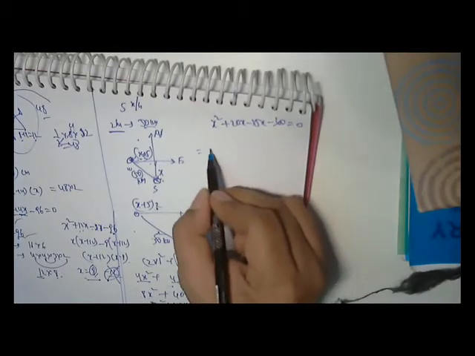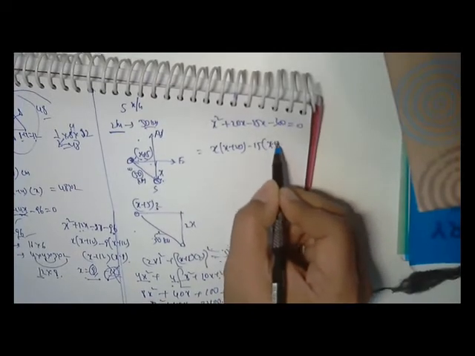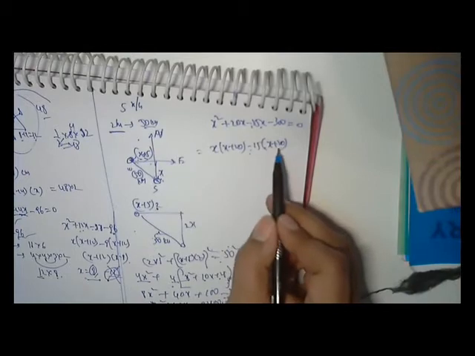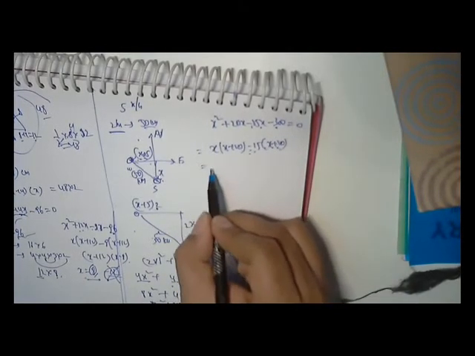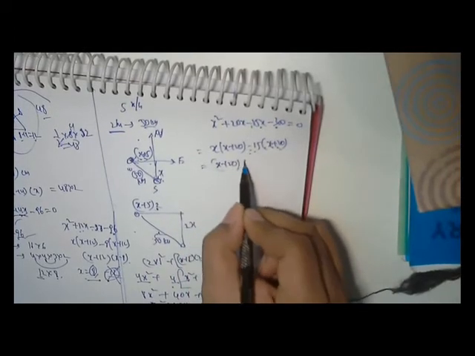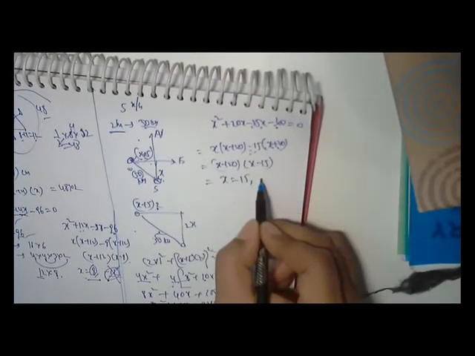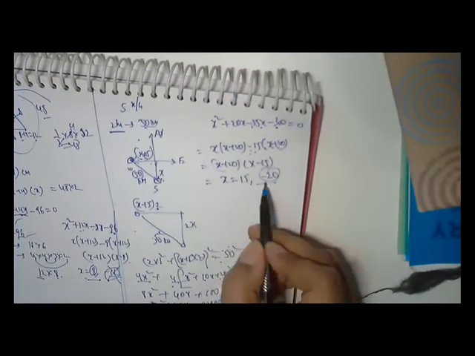So now let us solve this. X into x plus 20 minus 15 into x plus 20, because minus 15 into x is minus 15x, and minus 15 into plus 20 is minus 300. So here the minus comes outside. So x plus 20 into x minus 15. One train speed is 15, another is minus 20. What is this minus 20?